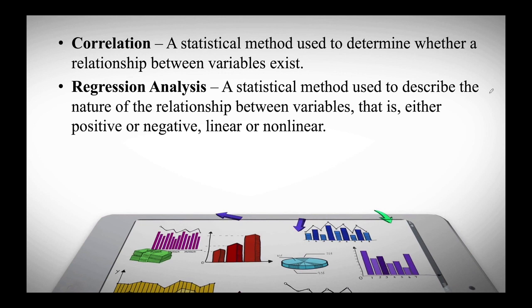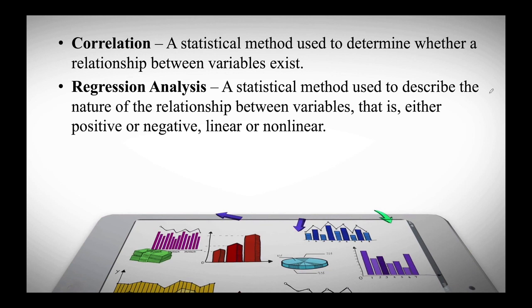So actually, halos magkapatid itong correlation and regression. When we say correlation, meron bang relationship between those variables? Answer is yes or no sa correlation yun. Pagdating sa regression, if the answer is yes, there is a correlation, sinasagot niya naman, gaano kataas or gaano kababa yung relationship nila.